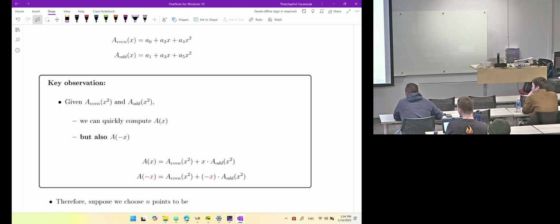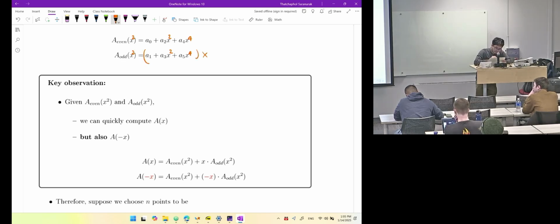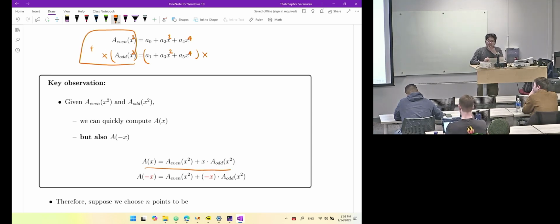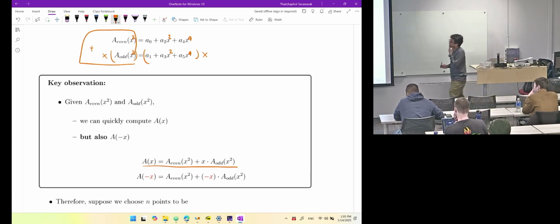You can just verify from here: if I put in A even of x squared, and then I multiply everything here by x, then add them up together, it's just gonna give you the original A. This is just algebra.